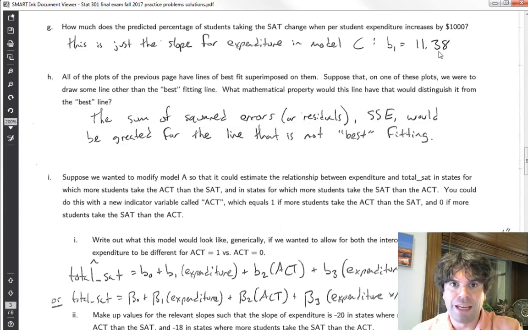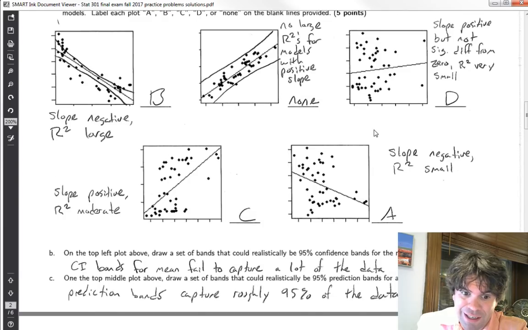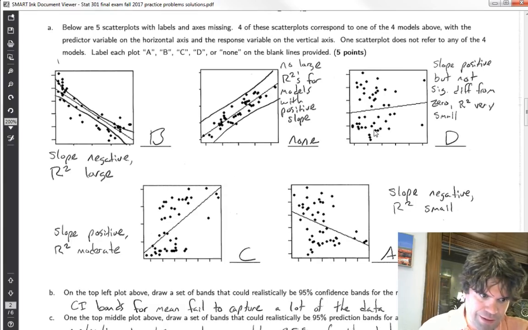When we say the line of best fit minimizes the sum of squared errors, what we're implying is that if you were to draw any other line through the data other than the best fitting line, that other line is going to have a larger sum of squared errors associated with it than the best fitting line. As a reminder of what sum of squared errors is, visually, here I'll just draw this and then erase it.